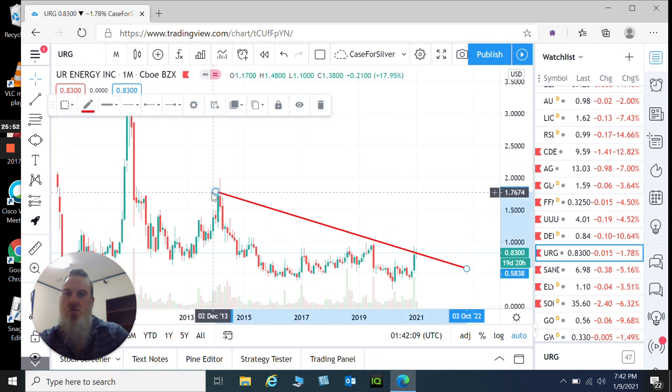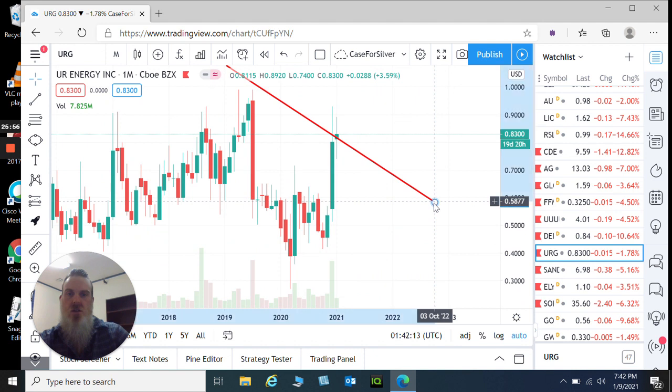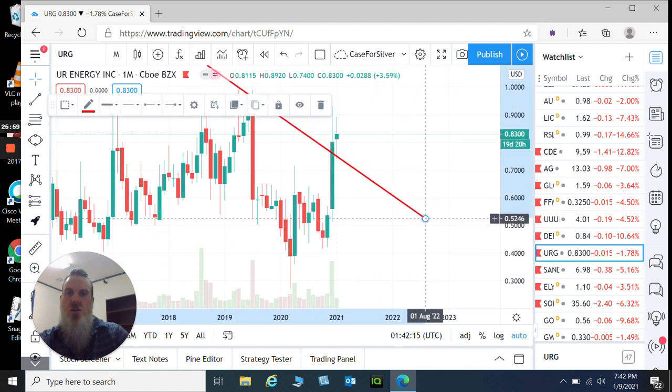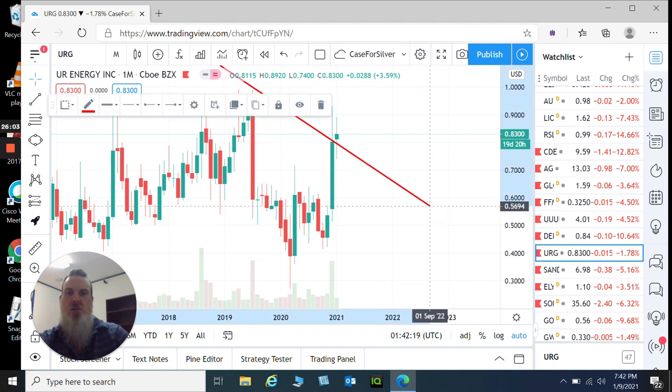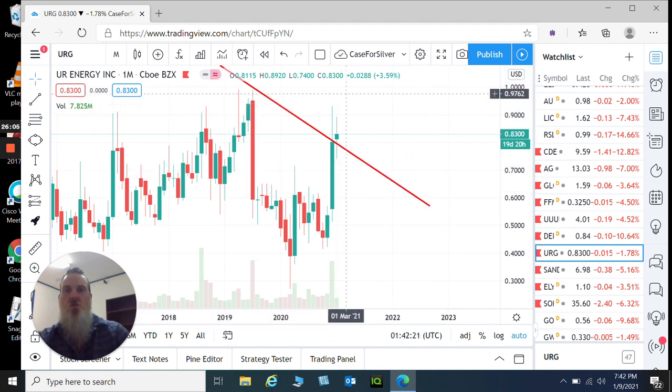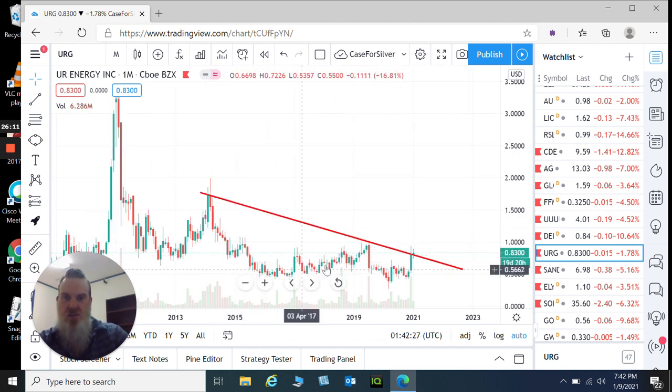If we take the wicks out, we've broken out. If we put the wicks in, we went out, we broke out, we pulled back. You see this nice curve here? I'm not going to draw it, it's going to take too long because these curves are not easy to draw sometimes.